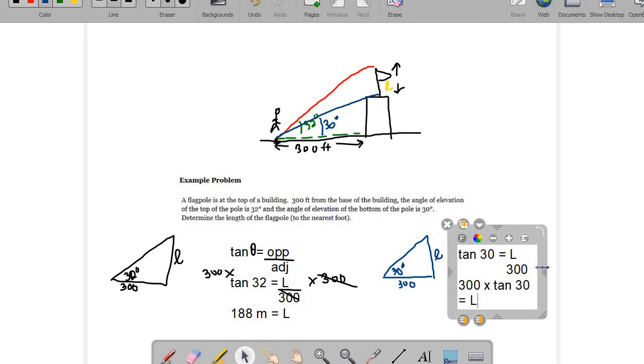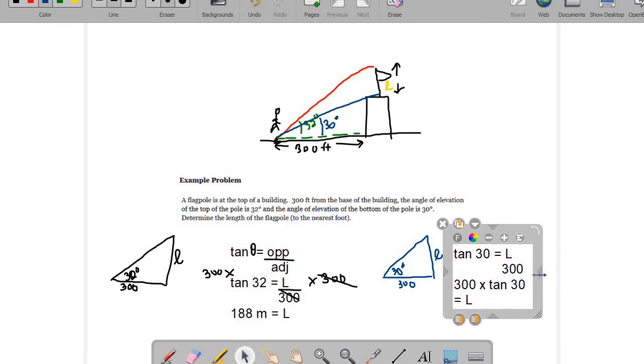Remember, when we do the opposite operation, it gets rid of the 300. And that gives me 300 times tan 30, which is 173.20, but to the nearest whole number, that's 173 meters.